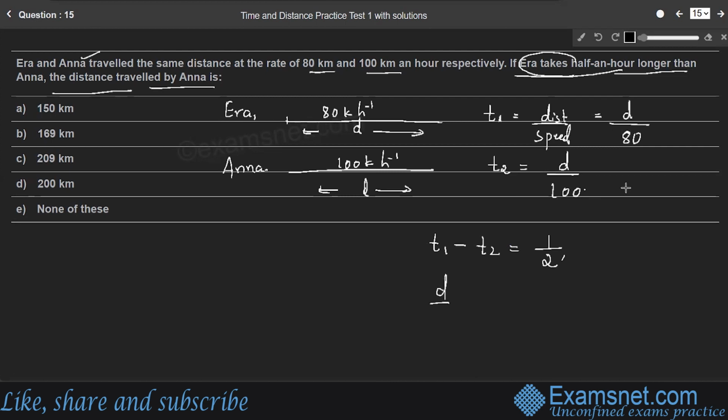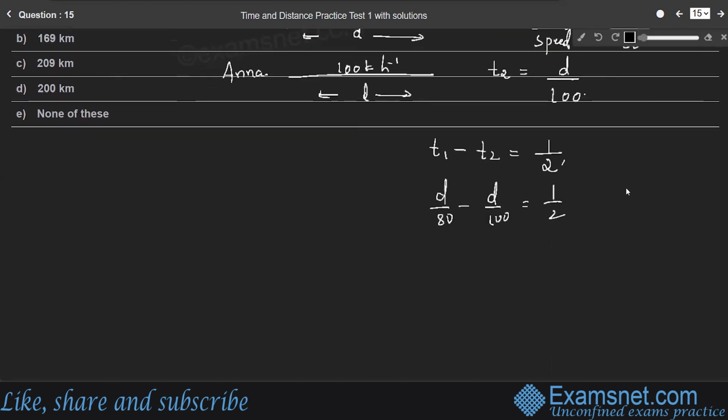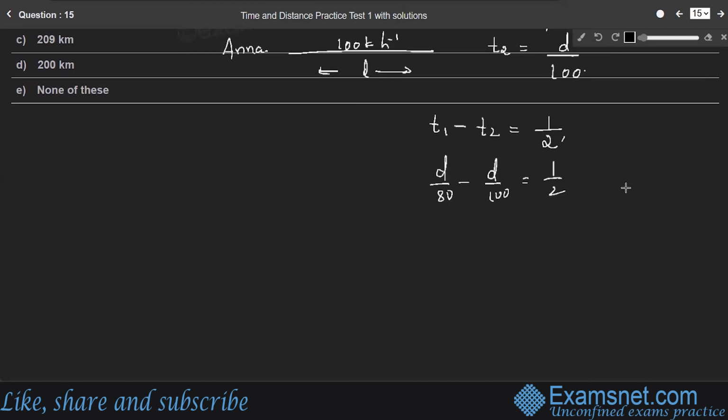So D by 80 minus D by 100 is 1 by 2. Since LCM is 400, right? Hence 80 into 5 is 400, 100 into 4. Am I right? Yes. Is equal to half.